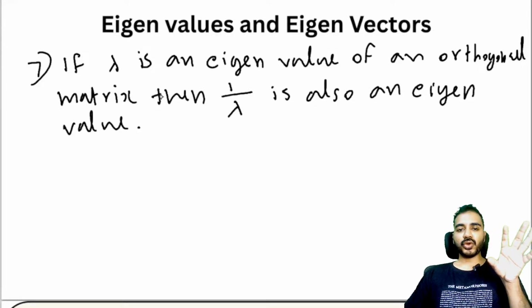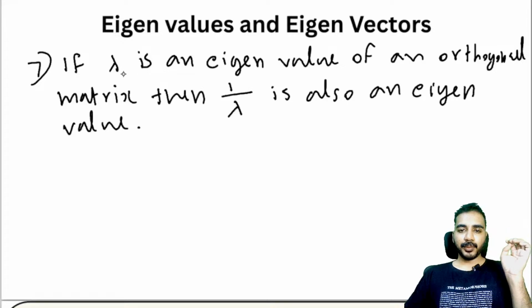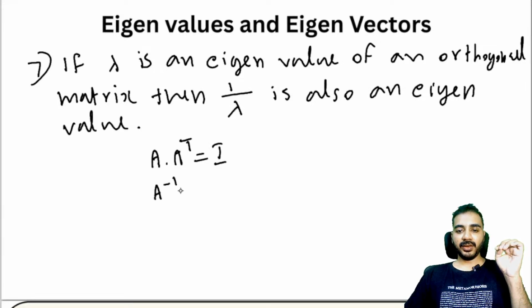So for an orthogonal matrix, if lambda is an eigenvalue, then 1 by lambda is also an eigenvalue. Why? We know in orthogonal matrix, A into A transpose equal to I. Or we can say A inverse equal to A transpose in case of an orthogonal matrix.